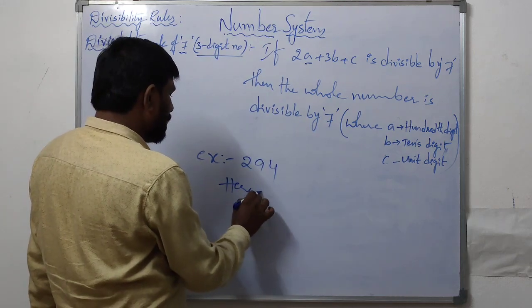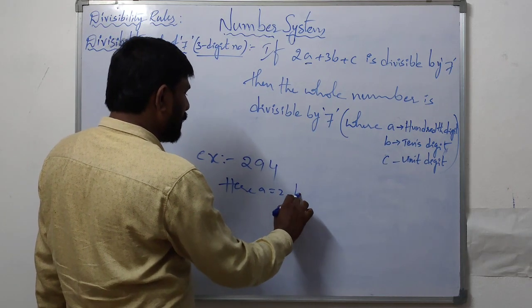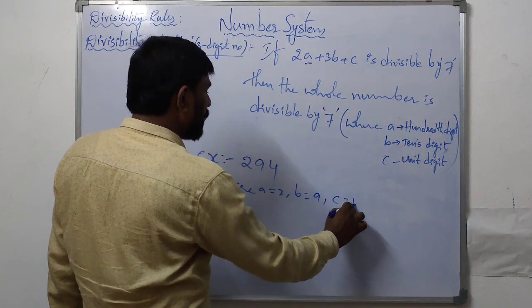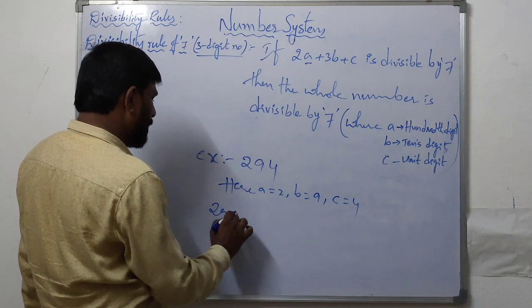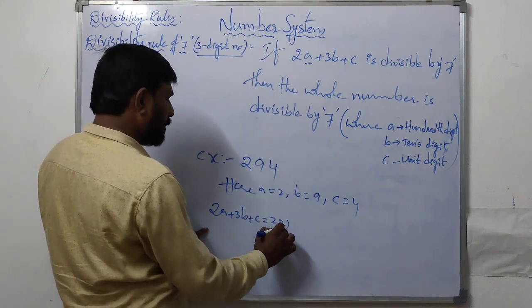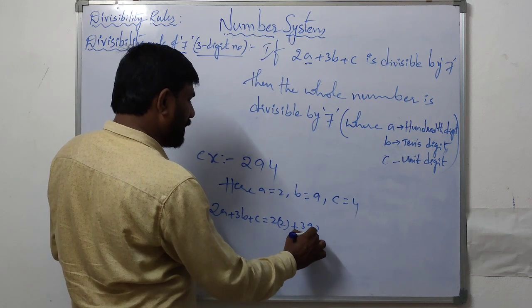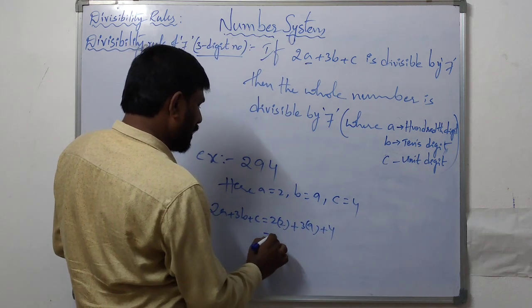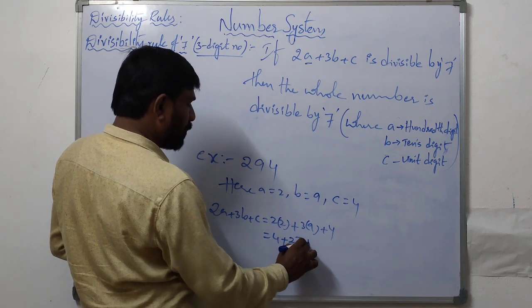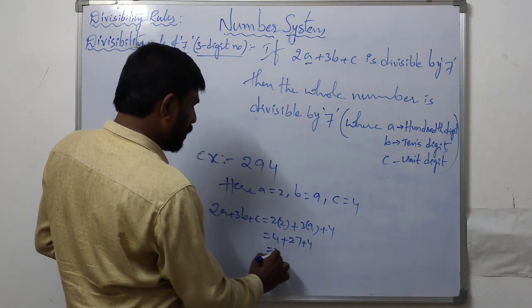Here a is 2, b is 9 and c is 4. Now 2a plus 3b plus c you can check here. What is 2 into 2 plus 3 into 9 plus 4? Here 4 plus 3 9s are 27 plus 4, 8 means 35. Total 35.